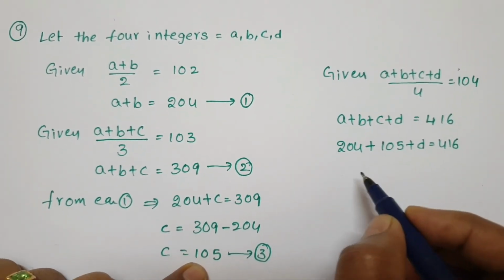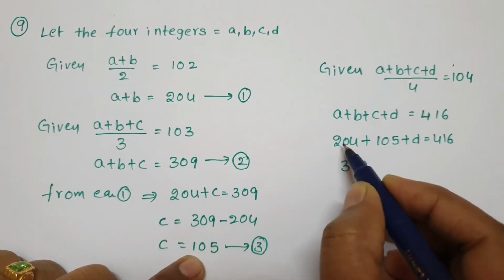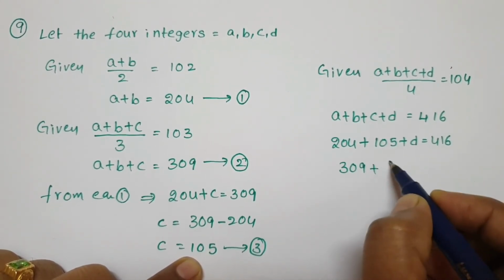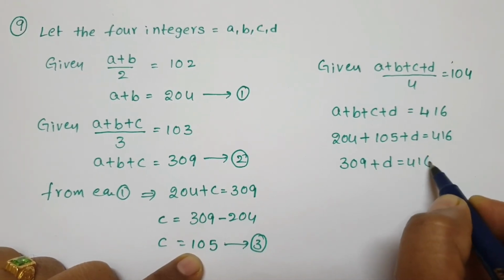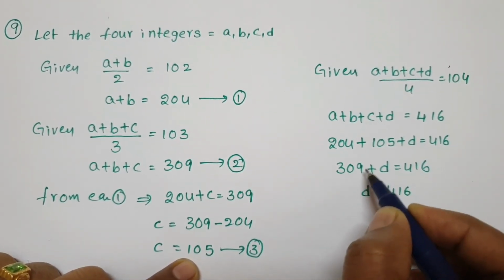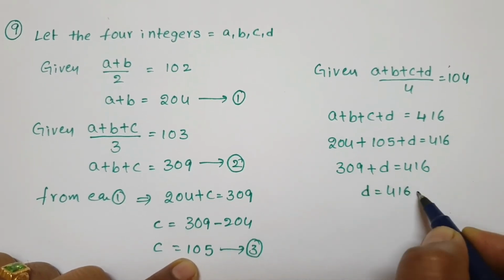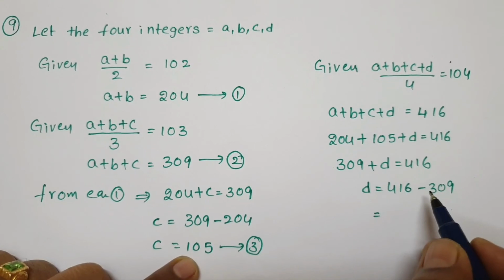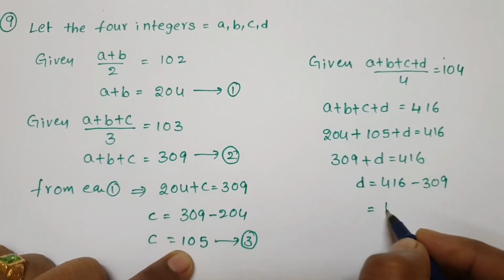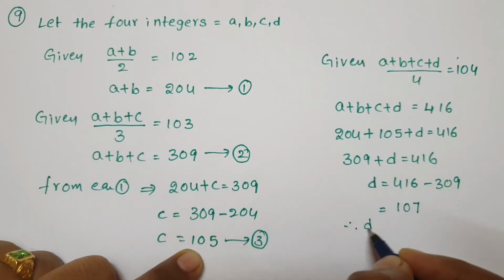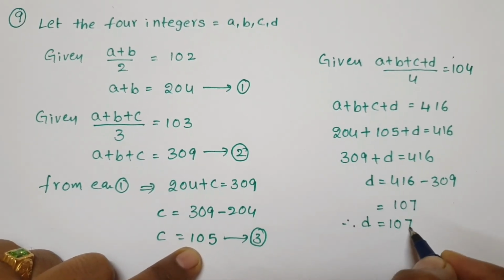Here these two add, 204 plus 105, we get 309 plus D equals 416. D equals 416, this total plus value goes to that side, minus 309. Now 416 minus 309 gives 107. So what is this? D. Therefore D equals 107.